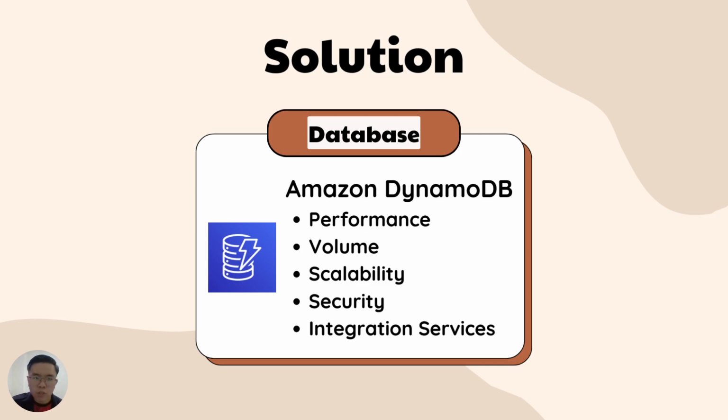And for this database, the scalability is very large. We can easily change the size and the data type. And for security, Amazon DynamoDB is more secure compared to other databases, and it also has integrated services which provide global tables for cross-regional replication to ensure data availability works well.